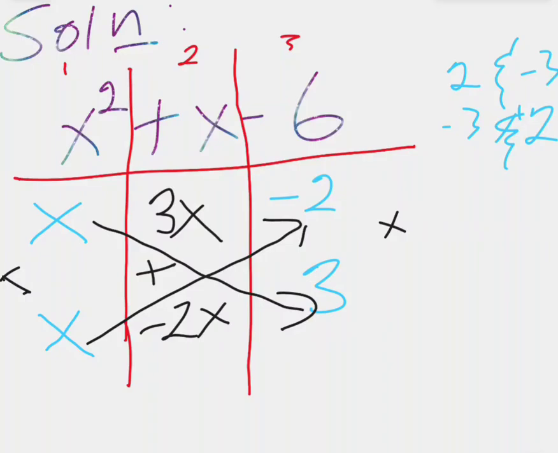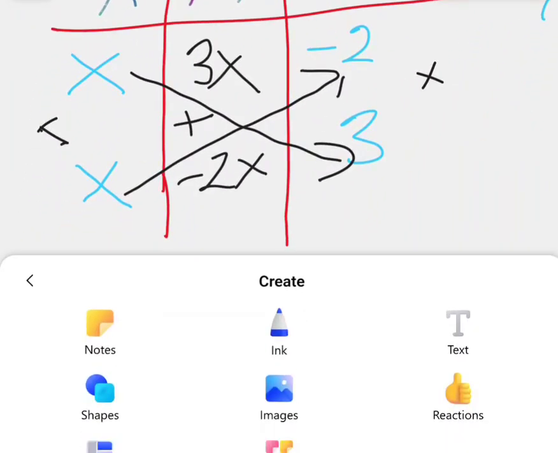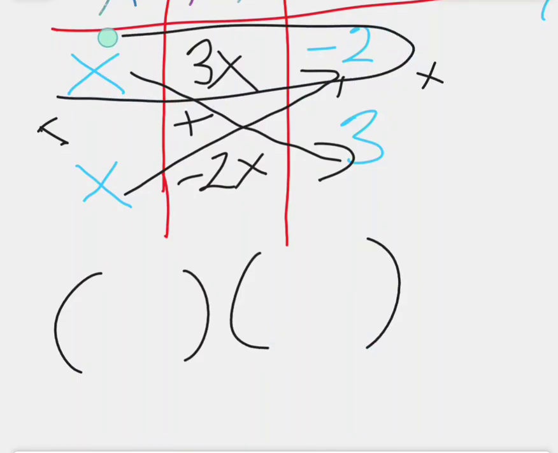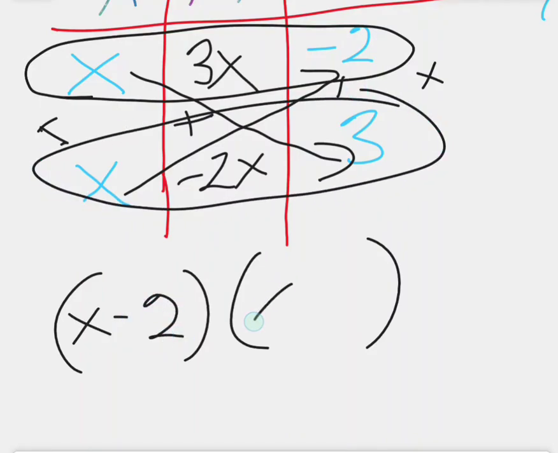So my factors are: my first factor is x minus 2, then my second factor is x plus 3. And these are the factors of the expression x squared plus x minus 6.